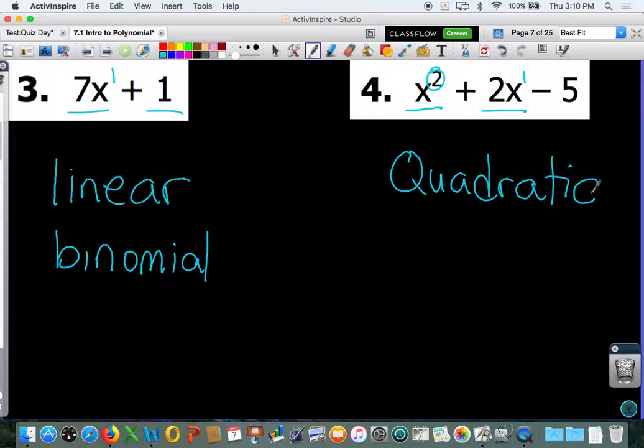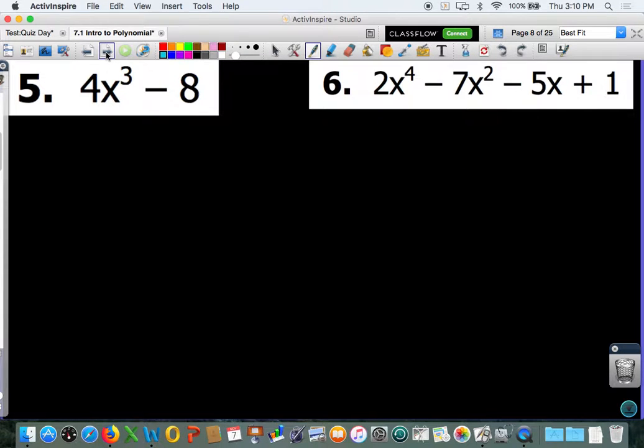But I've got 3 terms, so that makes it a trinomial. Looking at 5, we've got, oh my, we've got x to the 3rd. We have our first cubic. And it's got 2 terms, so it is a binomial.